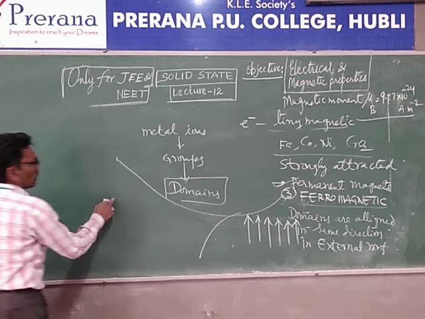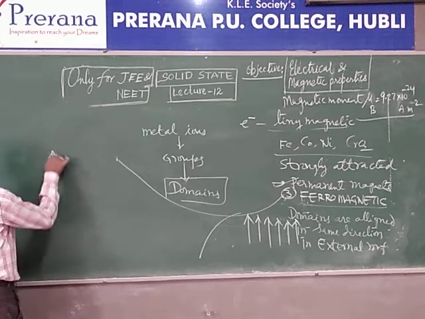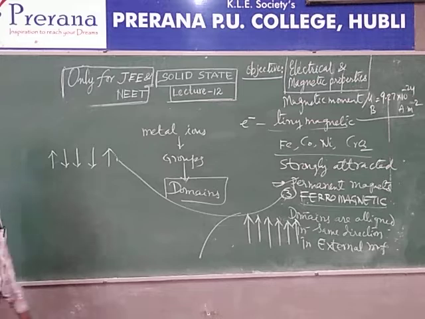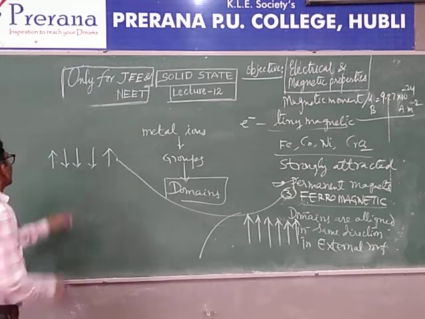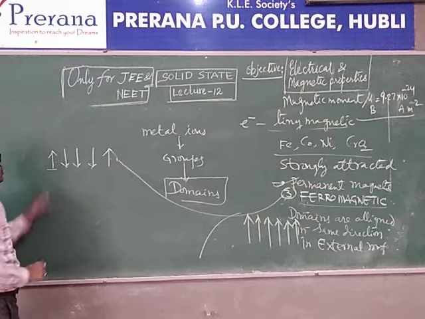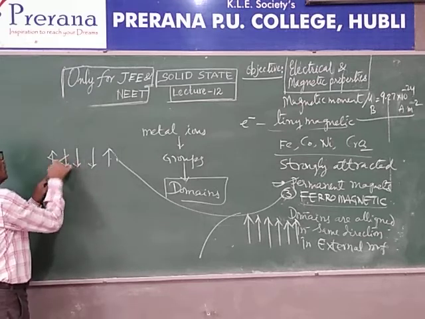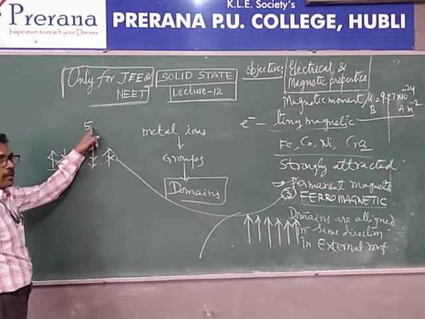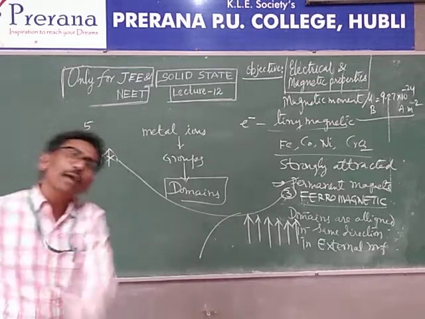Right. Next, some materials have domains in some number. How are they in direction? This is upward, downward, downward, downward, upward. The domain in one direction is cancelled by this one, and this is cancelled by this one. Finally, the domains are 5, but it exhibits less magnetic moment.